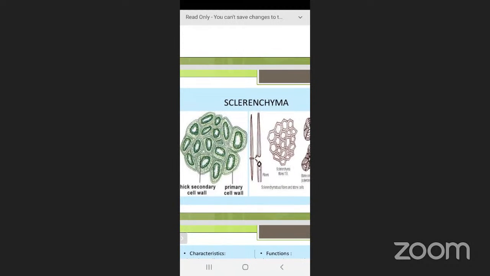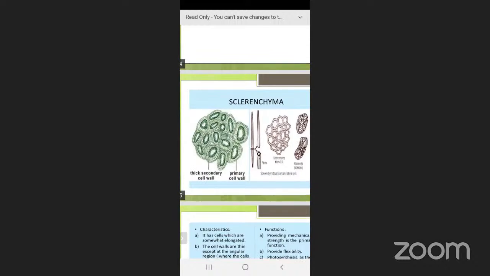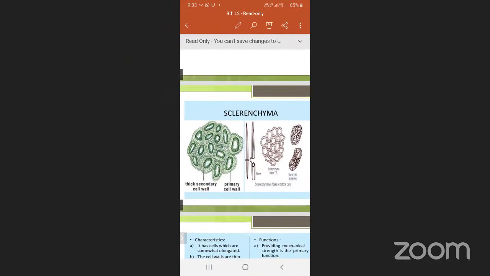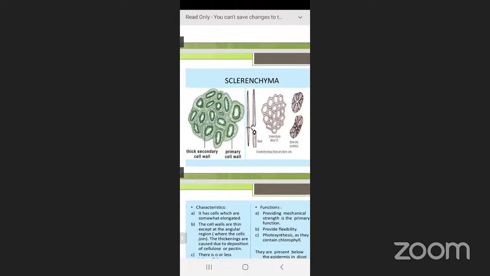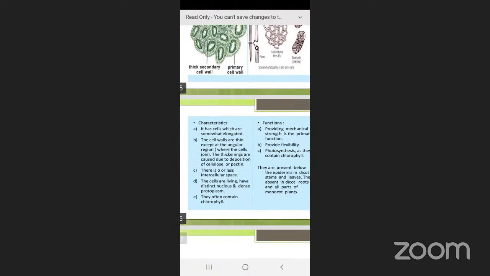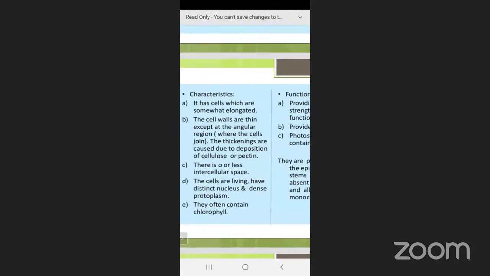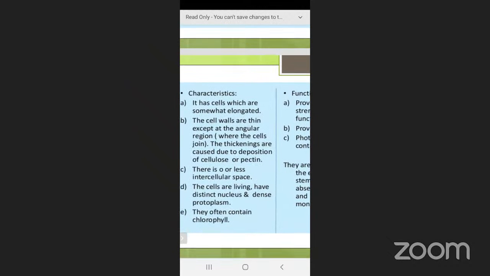The ground tissue is of various types, and some of the ground tissues help in photosynthesis. Here some characteristics are also given. It has cells which are somewhat elongated. The cell walls are thin except at the angular region, where the cells join.